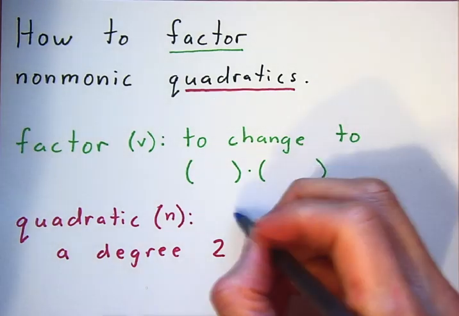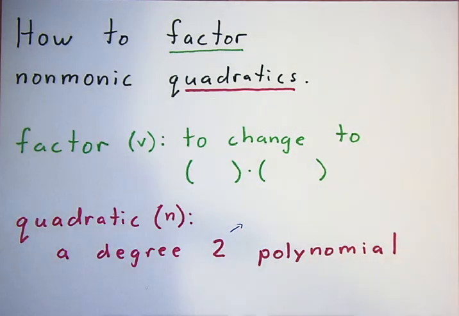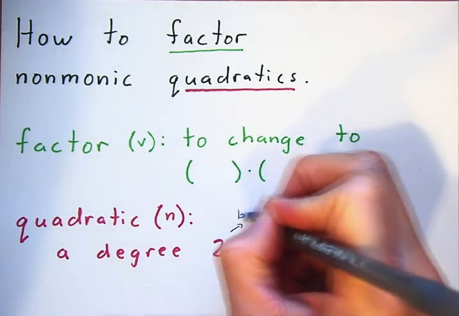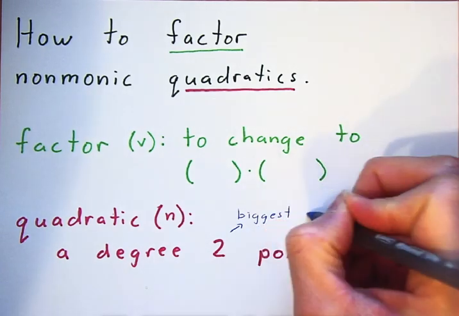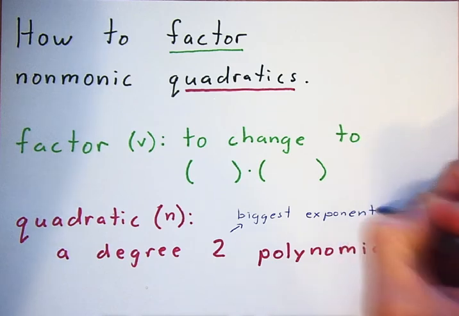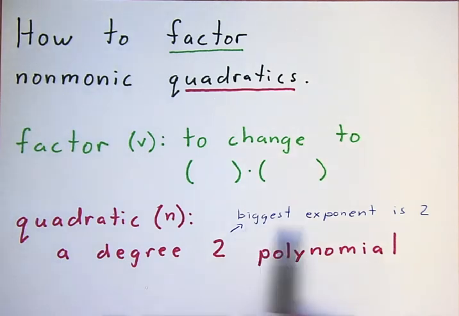This degree 2 part, it's not the exact definition, but you can think of it as the biggest exponent on the variable is 2. That's not the exact definition of a degree 2 polynomial, but that's one sort of way of thinking of it.